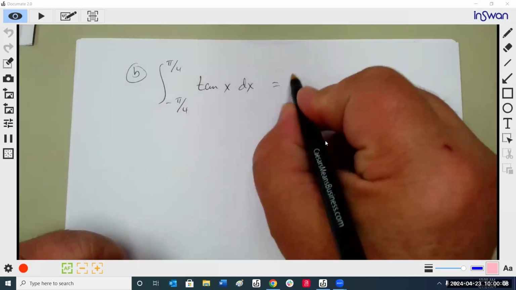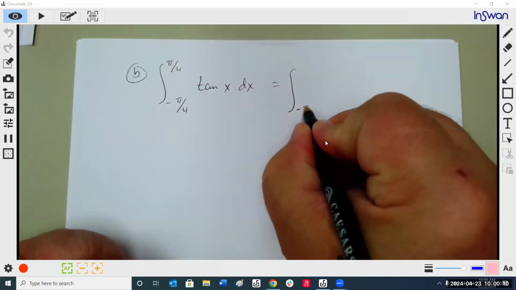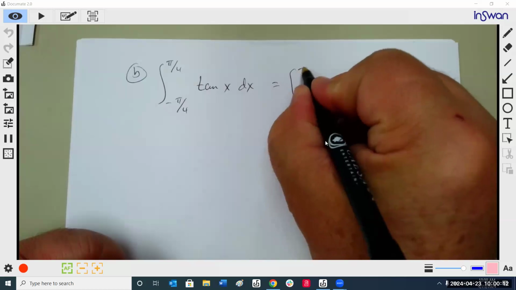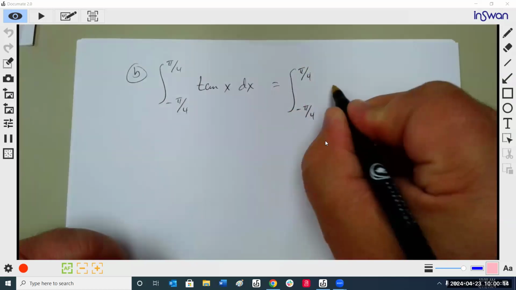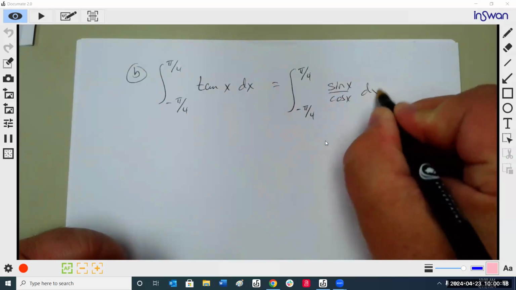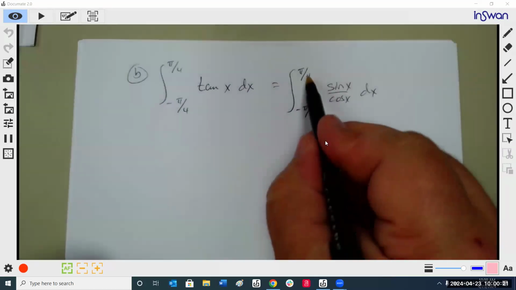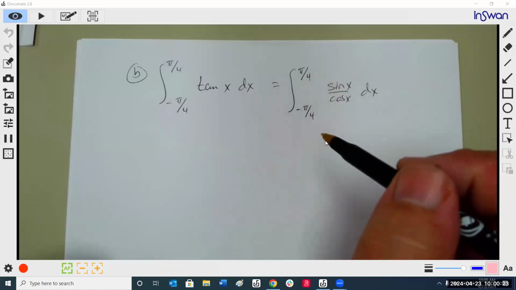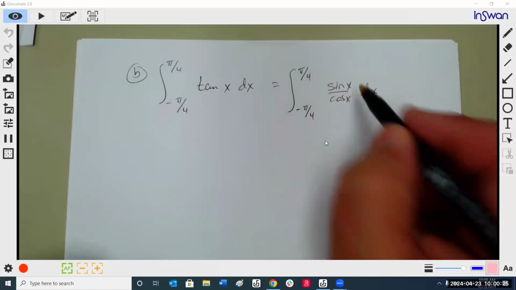We know that tangent is sine x over cosine x. At pi over 4, sine and cosine have the same values.